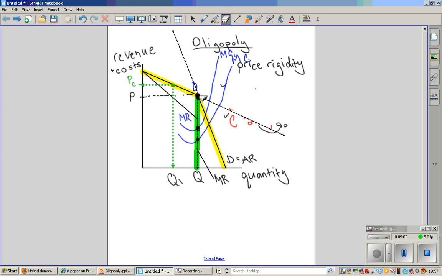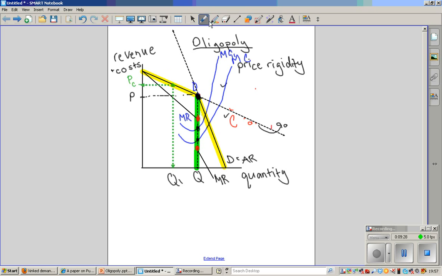The reason for that is these two demand curves intersecting at this point. So we use our marginal revenue below here and marginal revenue above here as well. And we cross marginal cost across it. Between these 2 points, it's also very important to remember, we can see any change in marginal cost, and that won't impact the price we're selling at. All right, so that's your explanation for oligopoly.